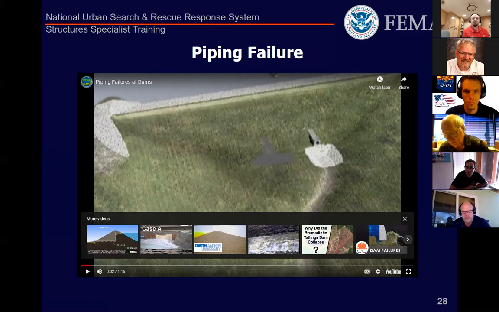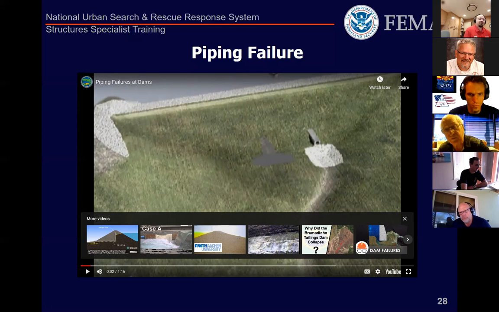Voids inside a dam from when it pipes inside? The outlet works, yeah. The velocities were so great that it damaged the internal lining of the outlet works and created some large voids inside there, as large as a house.